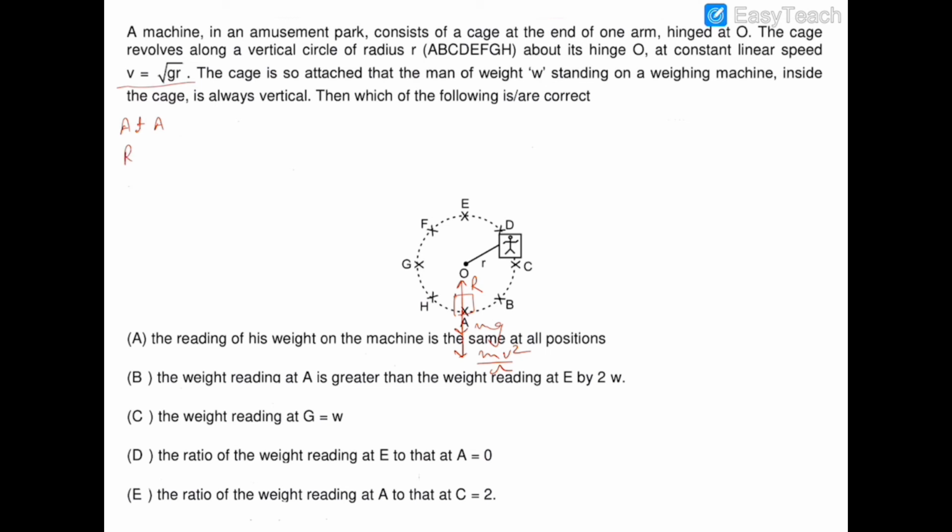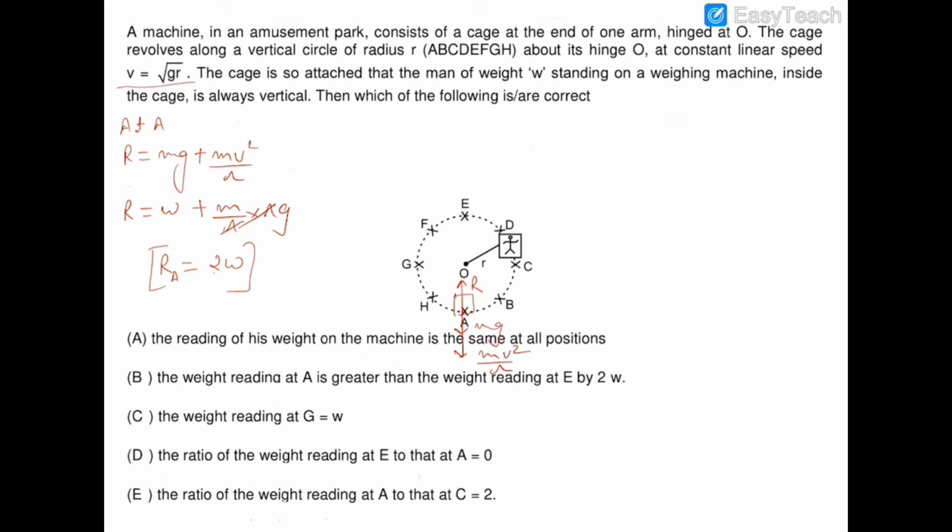So R will be equal to mg plus mv square by small r. The weight of the man is already W, so mg is equal to W, and mv square by r is equal to mg since v square is rg. So the normal reaction at A will be 2W. So the reading of the weighing machine at point A will be 2W.